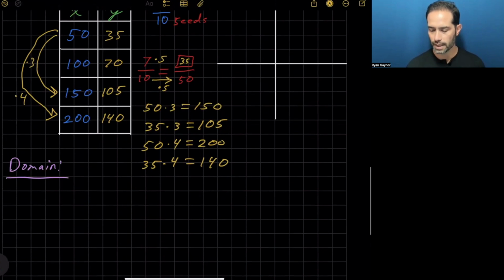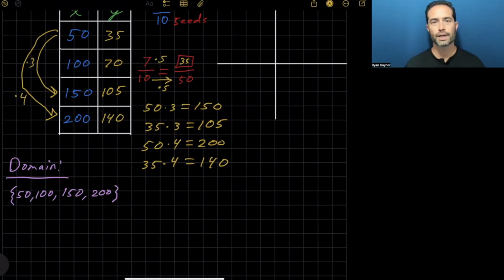So all possible x values, we have 50, 100, 150, 200. And you always write the domain and range in least to greatest.